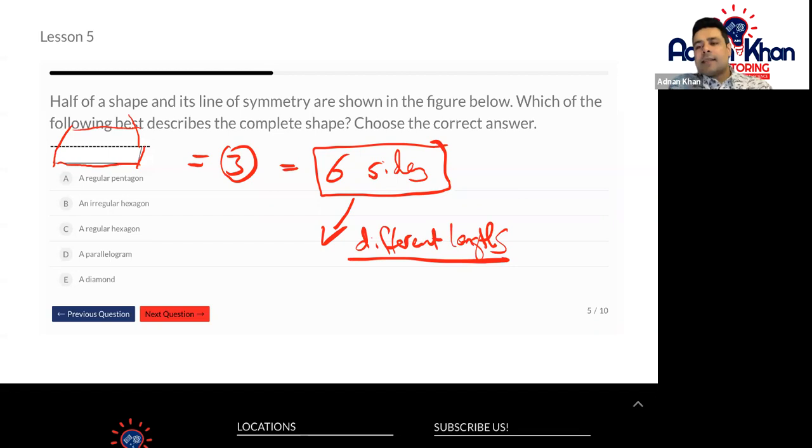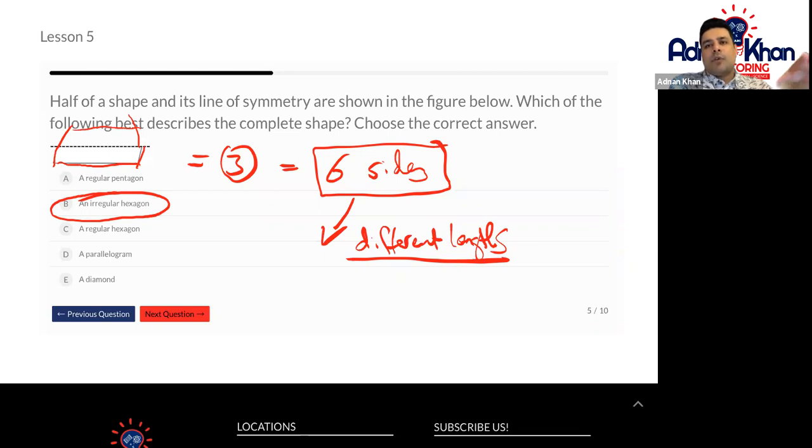If you have a hexagon with 6 sides that are different lengths, what is that actually called? It's called an irregular hexagon. A regular hexagon will have 6 sides exactly the same length, whereas an irregular hexagon will have 6 sides which are completely different lengths. All right.